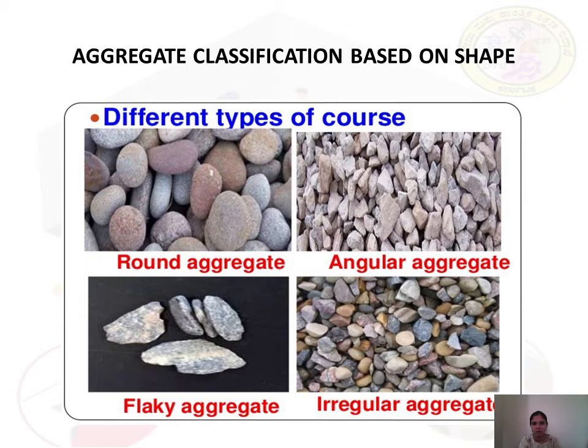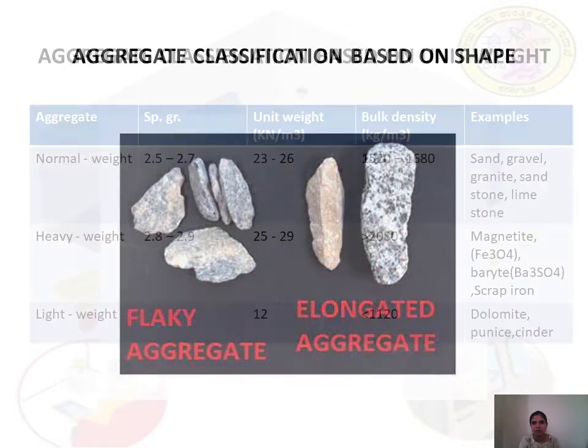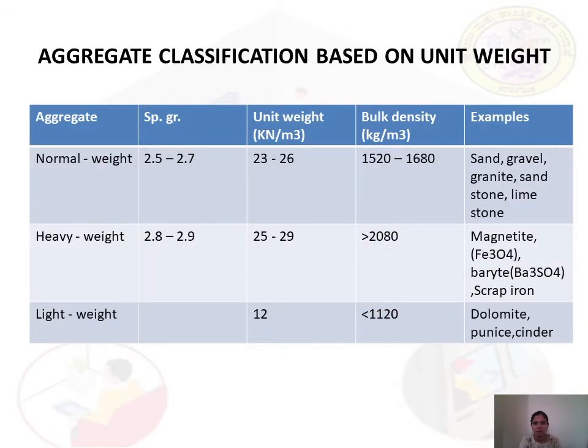Coming to the next classification, that is aggregate classification based on its unit weight. Based on its unit weight, there are three different types of aggregates: normal weight aggregates, heavy weight aggregates and lightweight aggregates.